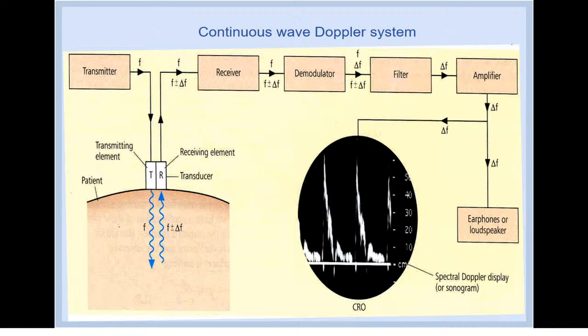All of the systems considered so far have used pulse echo techniques, relying on the range finding capability of short, sharp pulses. In contrast, Doppler systems monitor the velocities of moving structures by detecting frequency changes in reflected signals.